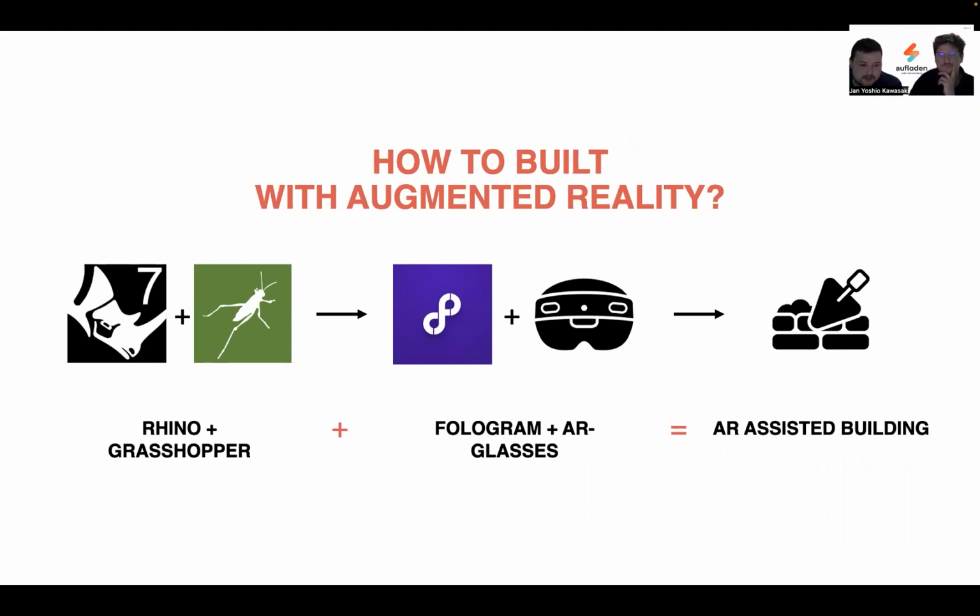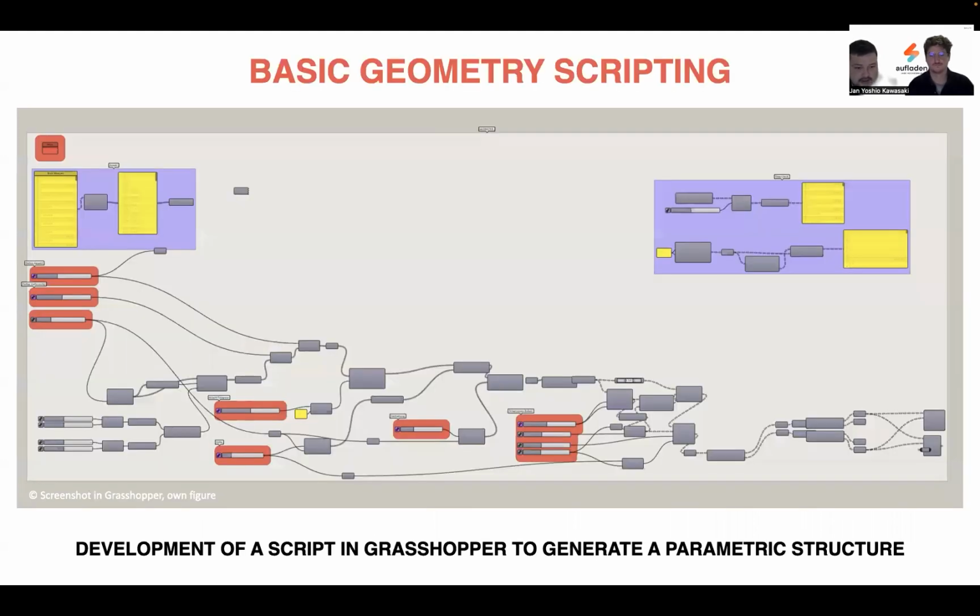These structures are then projected at one-to-one scale using hologram software via AR glasses. The projections in the glasses are created specifically with Grasshopper and come directly from the design structure. These are customized so that we can perform the manufacturing process using only the AR glasses and the necessary tools of the trade.